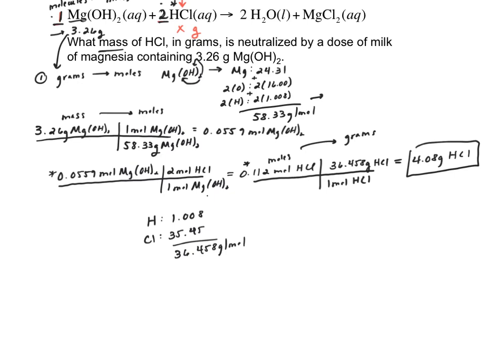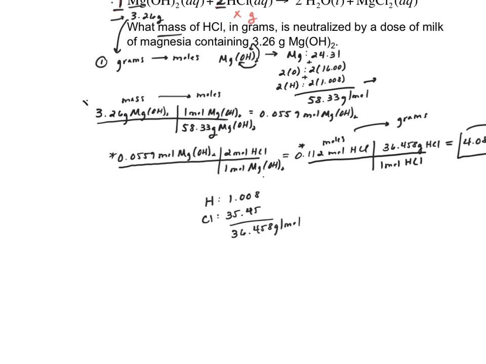Again, they're saying we've got 3.26 grams of magnesium hydroxide. What mass of HCl can it completely react with? That is essentially what we have answered. It took multiple steps. Step number 1 was conversion of magnesium hydroxide in grams to moles of magnesium hydroxide.